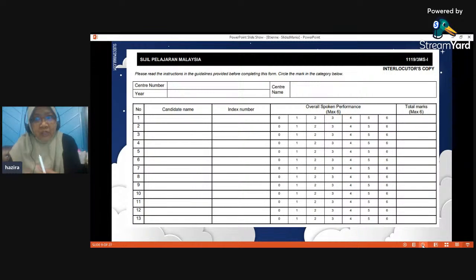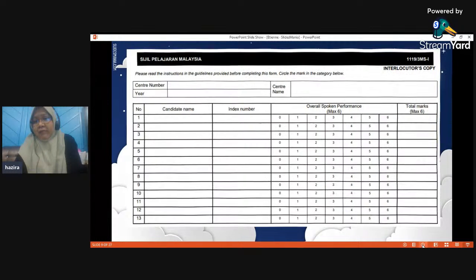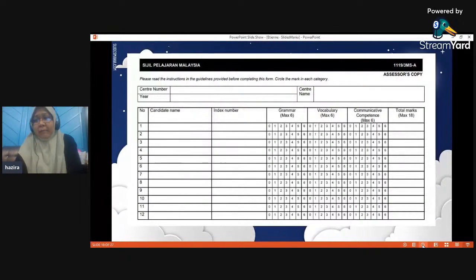If you want to remain silent, you wait until you are sitting for your writing and your reading task. And bear in mind that all papers are compulsory for you to take. You cannot miss any papers for your SPM.